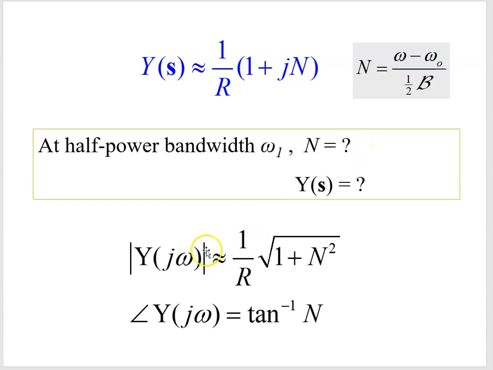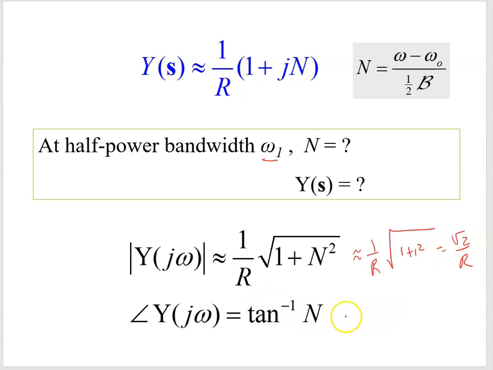So our admittance function there, when we plug in the 1, we get the square root of 2 over r, and our angle is just the tan inverse of N. N is 1, so the tan inverse of 1, that's 45 degrees. So that's for omega 1, our lower half power frequency, so that's approximately 1 over r times the square root of 1 plus 1 squared, or square root of 2 over r.